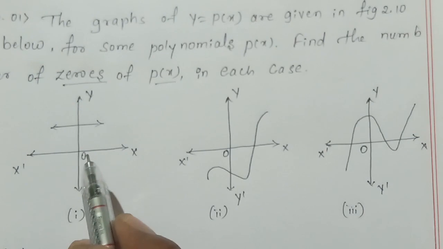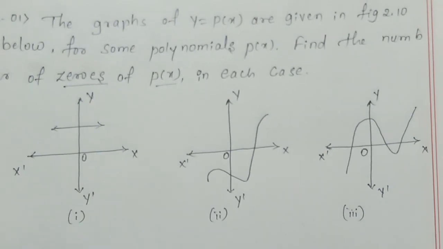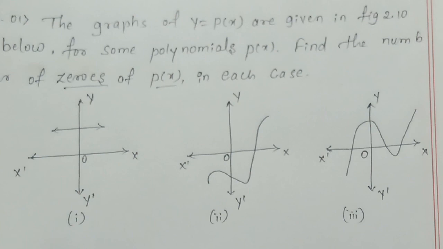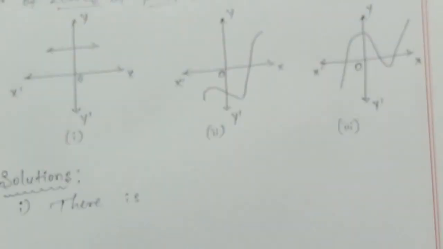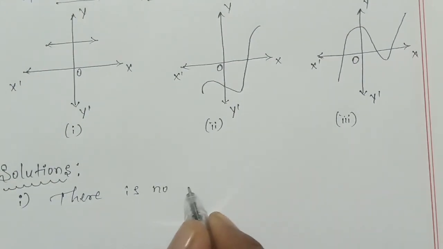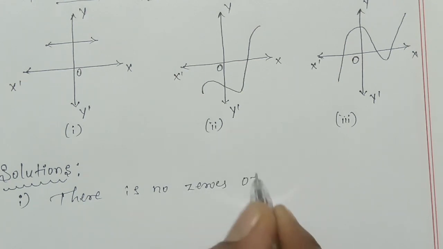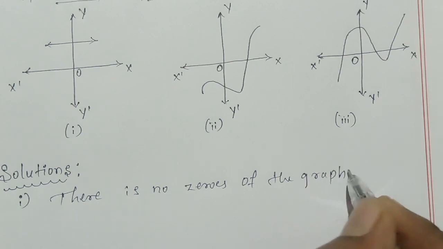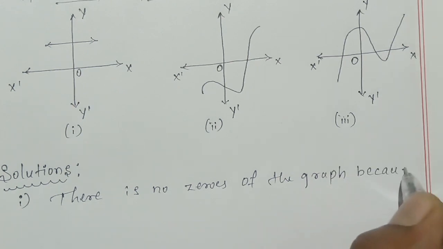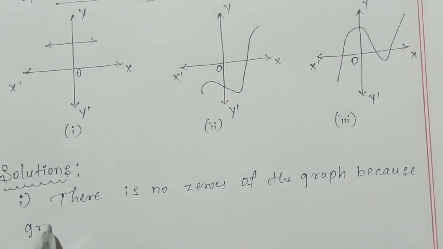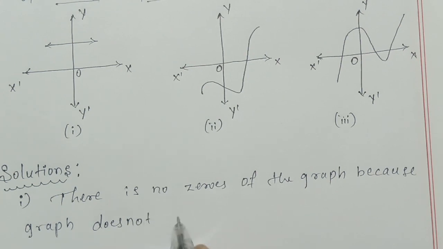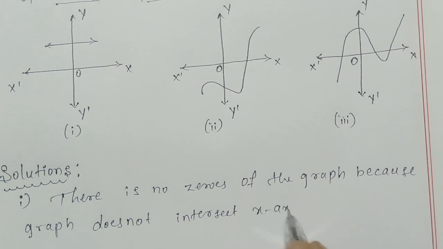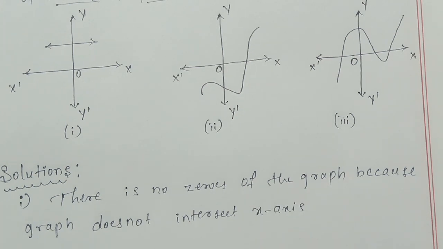So you can write here: there is no zeros of the graph because the graph does not intersect the x axis.